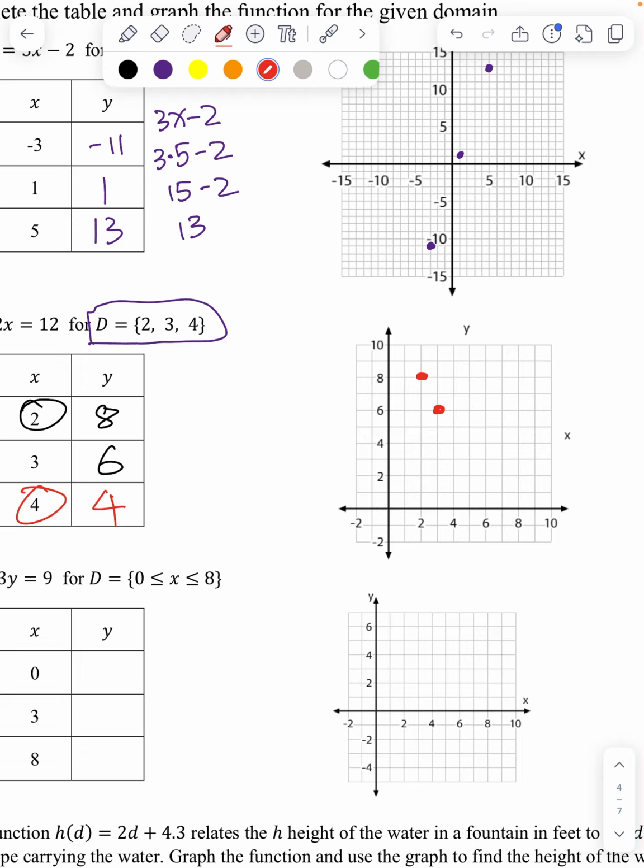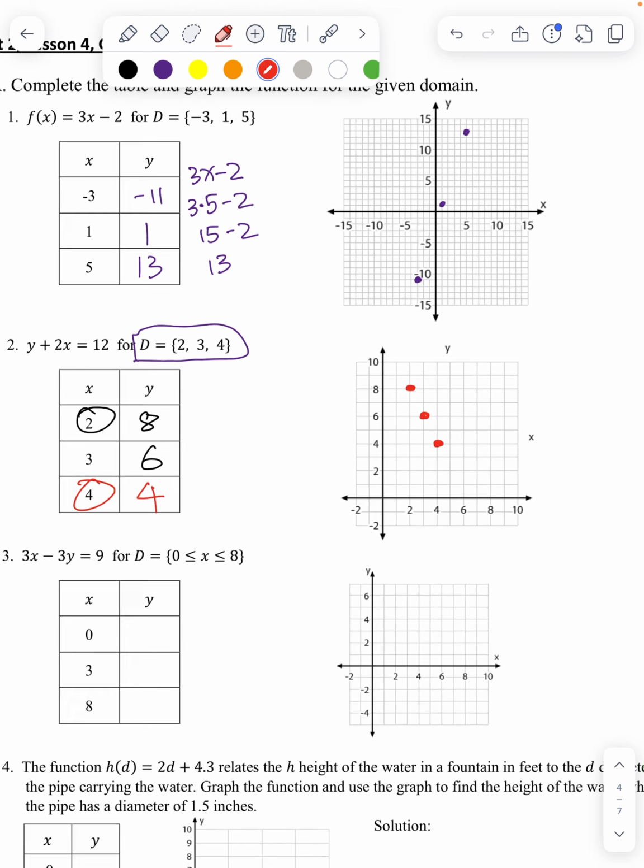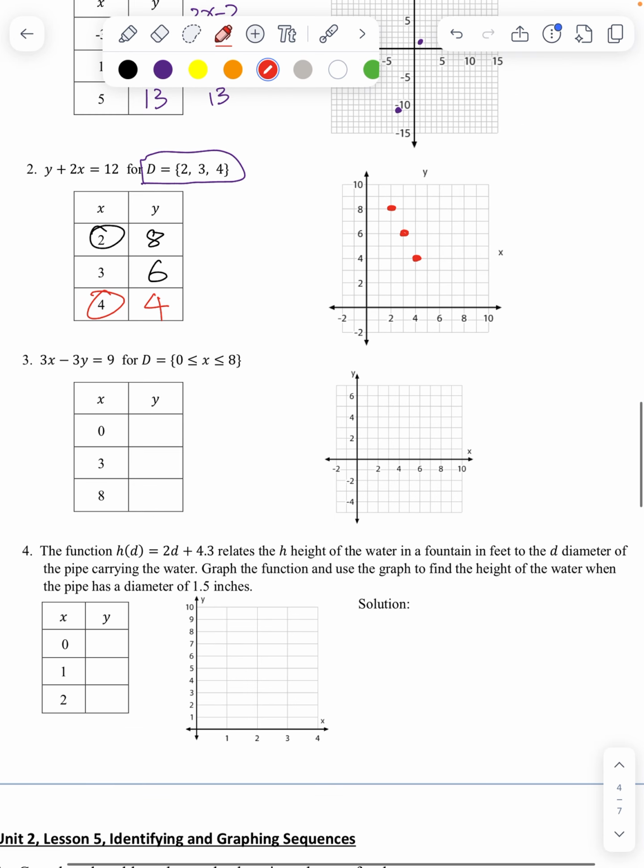Last point, 4, 4, x value and y value both 4. So the point is right here. Done, 3 points.